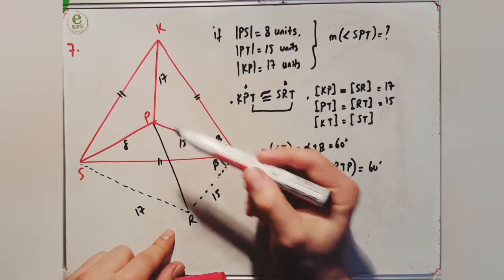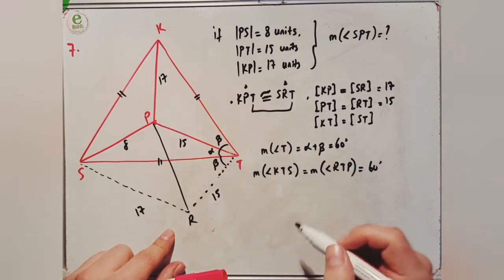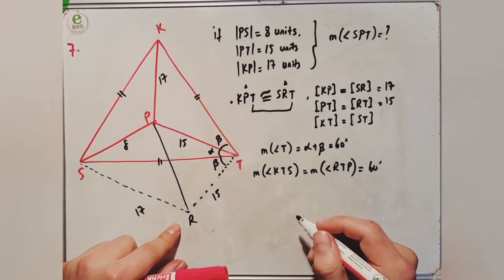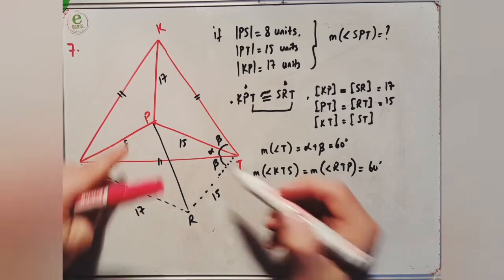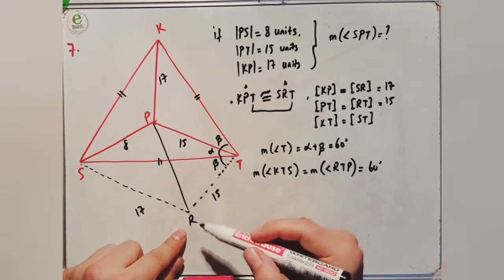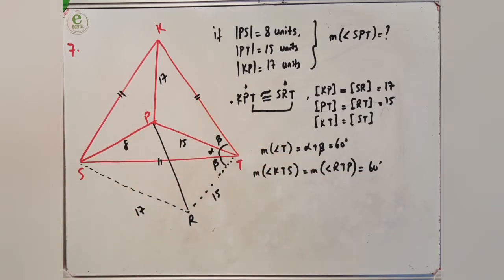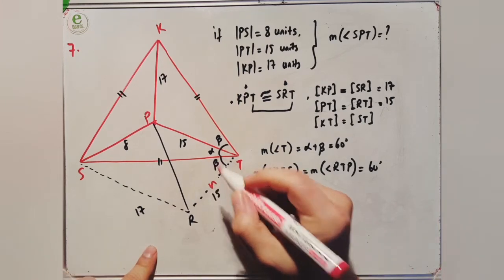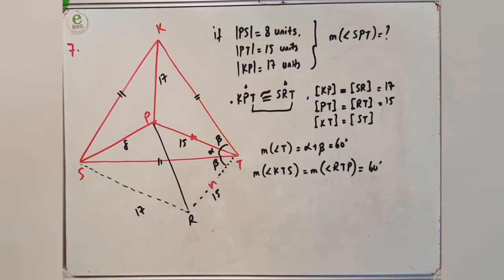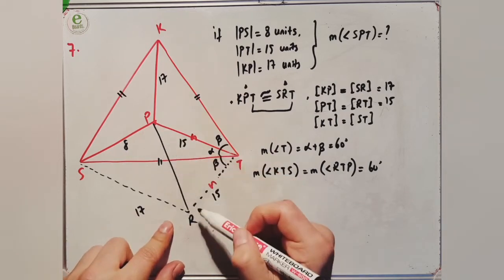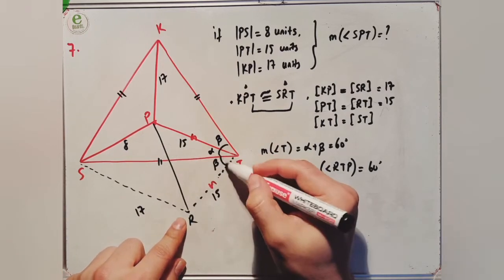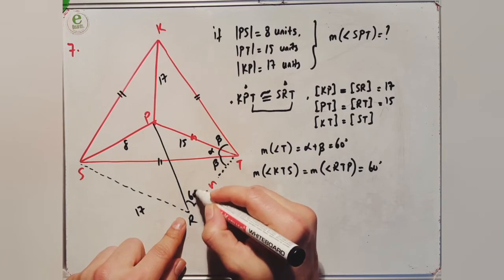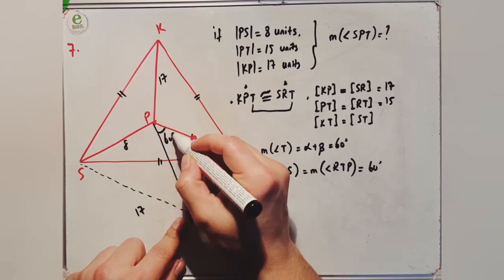So triangle PRT must be an equilateral triangle, because PT is equal to TR. It means that the measure of angle P is equal to the measure of angle R, so they are both 60 degrees.